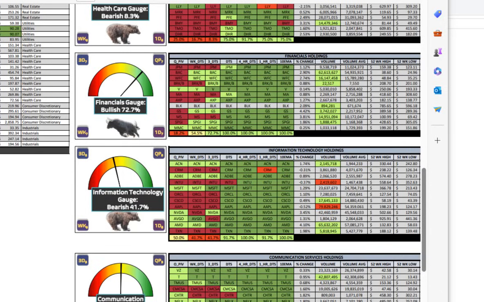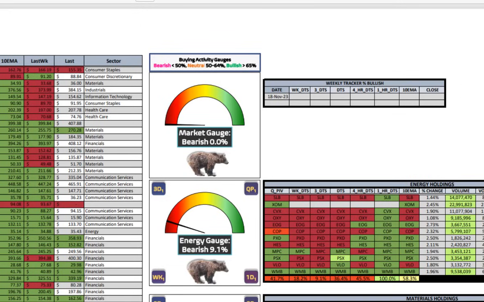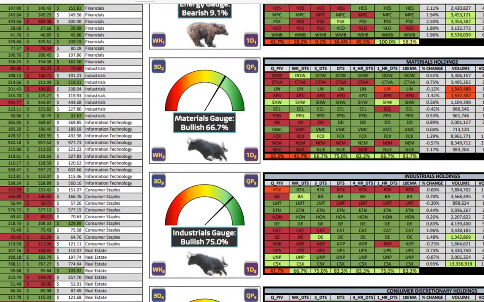We also like the action in the communication services. You can see 91% were above their pivot, and also the weekly DTS were at 58%, better than the 3-day. If we look at the report 2 weeks later, as of November 17th, energy still weak, only 9% above their pivots.